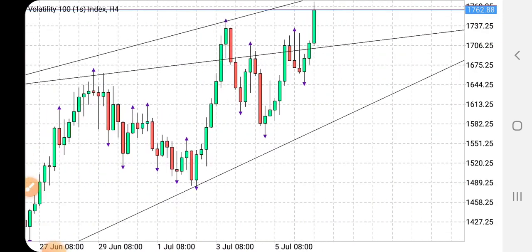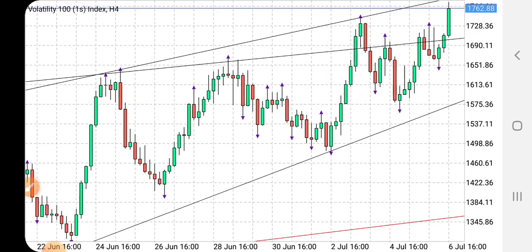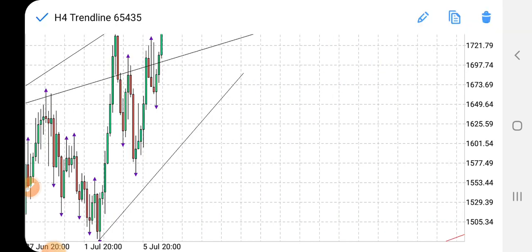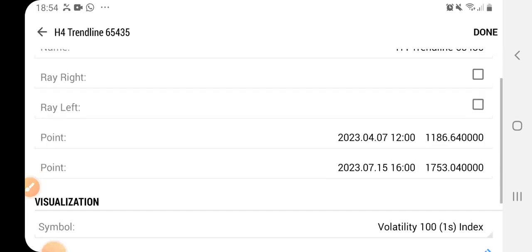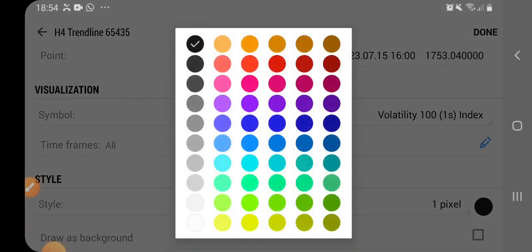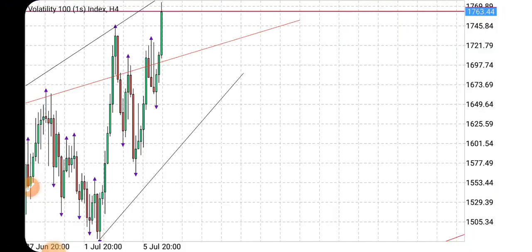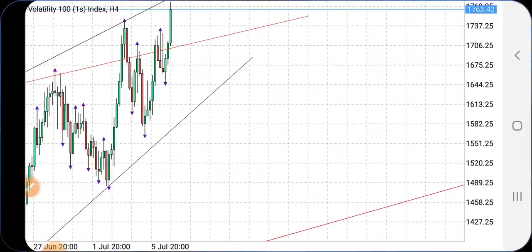Each time the price comes to any of these lines, I still need to change the color of this to red, because that's what it's supposed to be. So you just need to make sure that the color is the same.